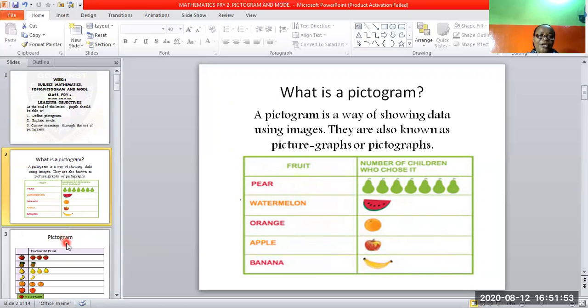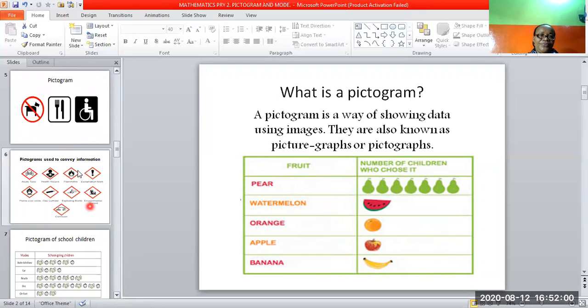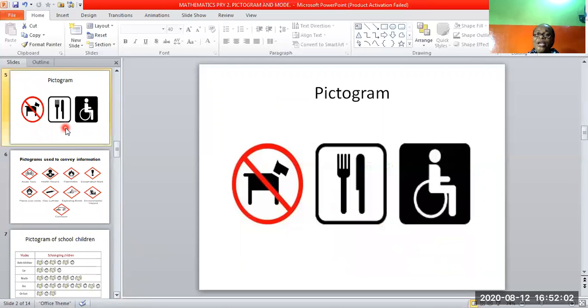We also said that pictograms are symbols that are used for information or communication without words. Once we see the pictogram, the messages are passed on to us.